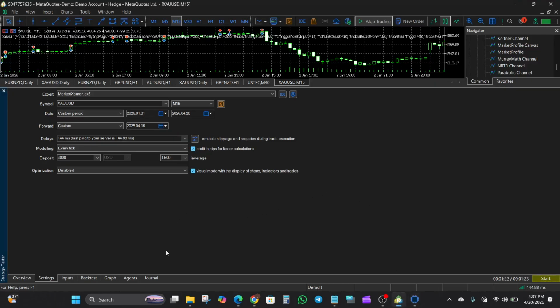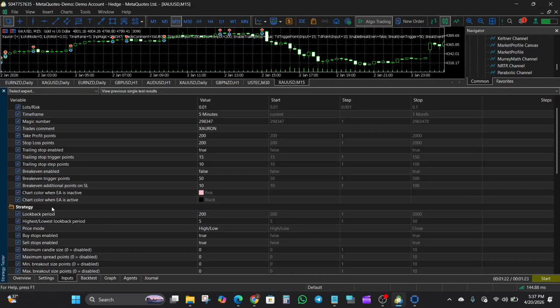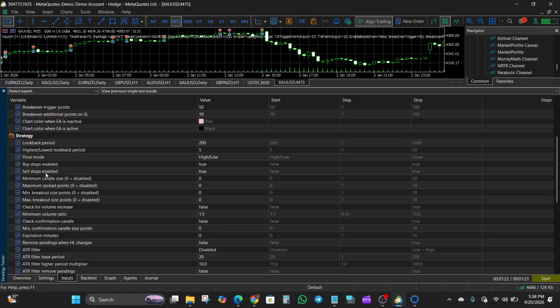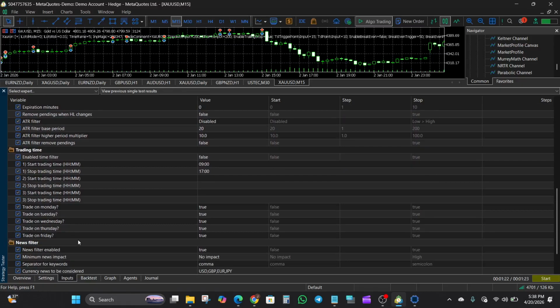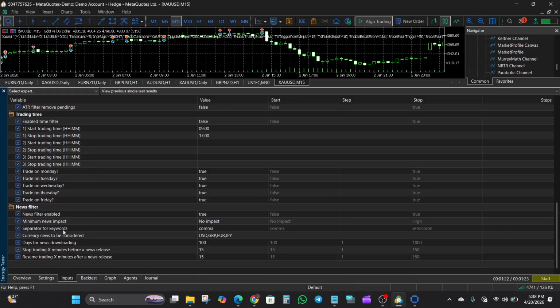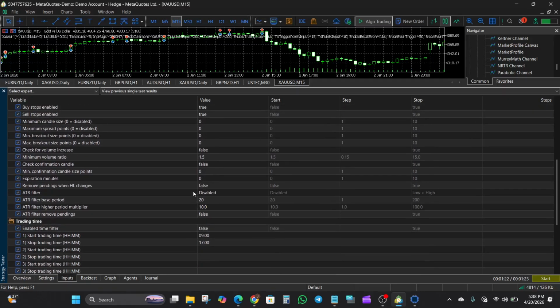Okay, so let us head over to the inputs. We can see here strategy, look back period, highest, lowest, look back period, price mode, and all of those things, right? And then you can see trading time. You can actually modify the settings, right? We have the time filter, we have the news filter. These are the settings that the user of this expert advisor can modify.